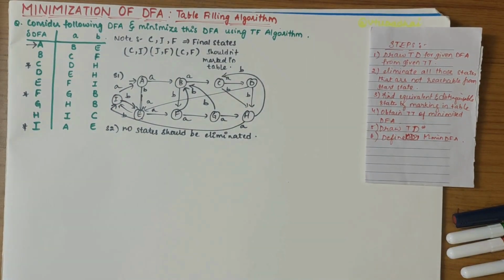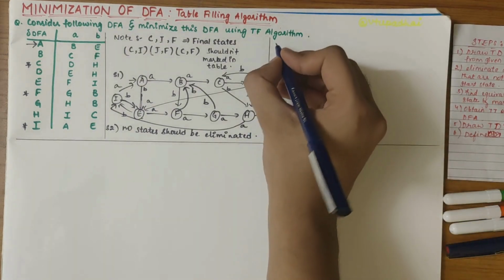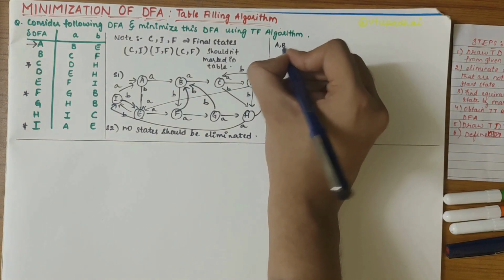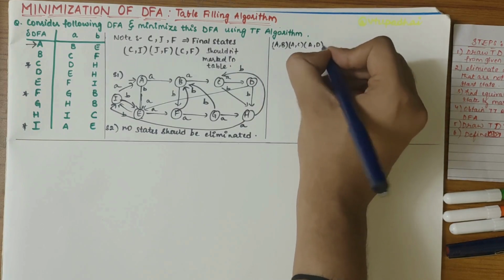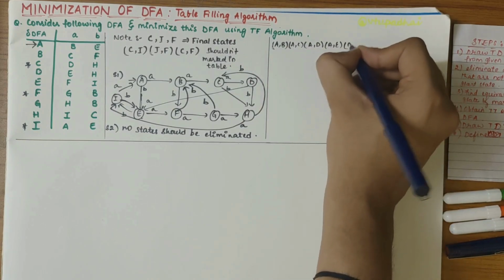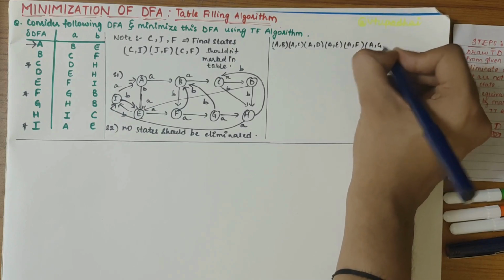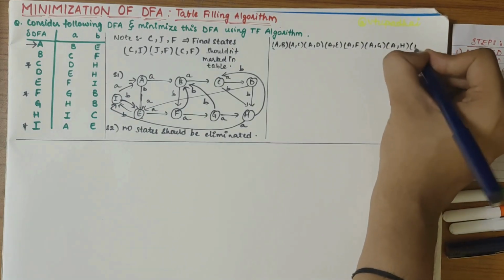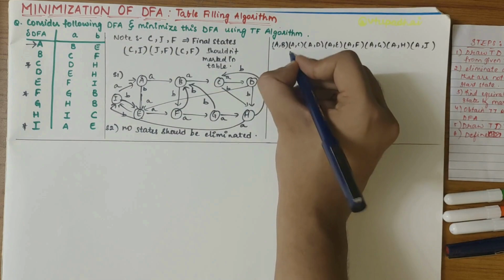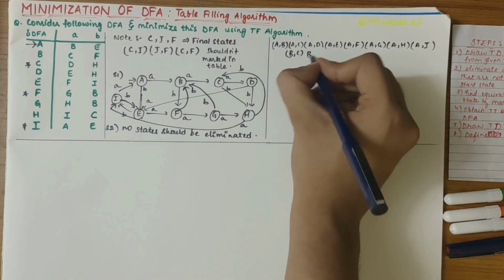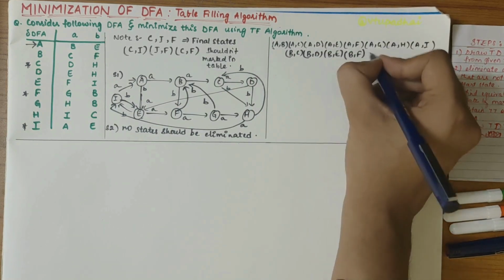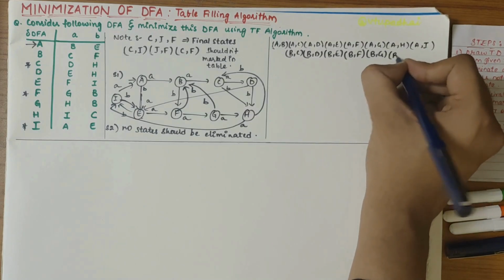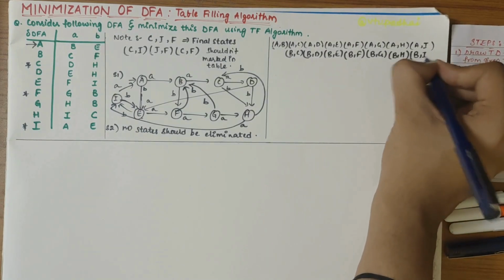So our next step is to construct the table. So here let's write down all the possible combinations starting from AB. AA is not possible, right? So AB, AC, AD, AE, AF, AG, AH and AI. Similarly, BB is not possible, so BC, BD, BE, BF, BG, BH and BI.